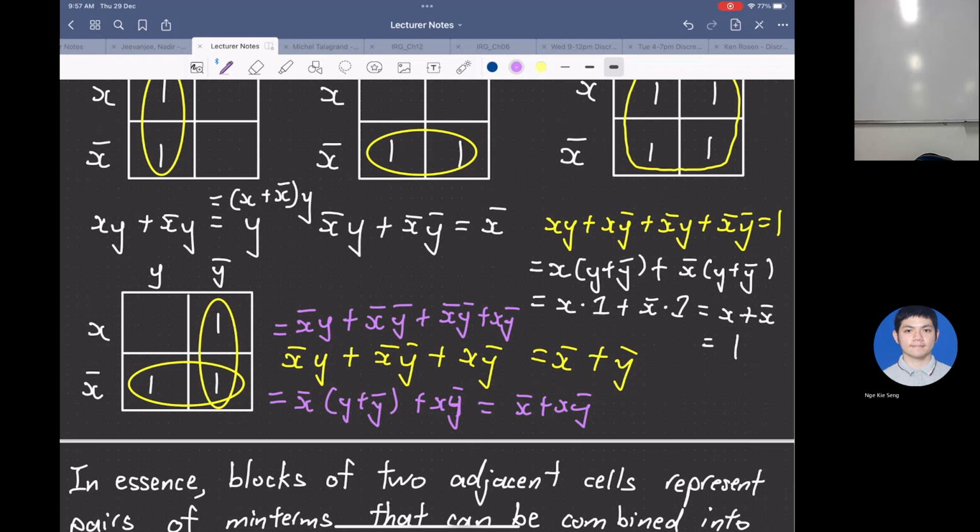Idempotent law. So I introduce the same term. The same term plus the same term, you get the same. From here, you can do the simplification, and it should be straightforward.